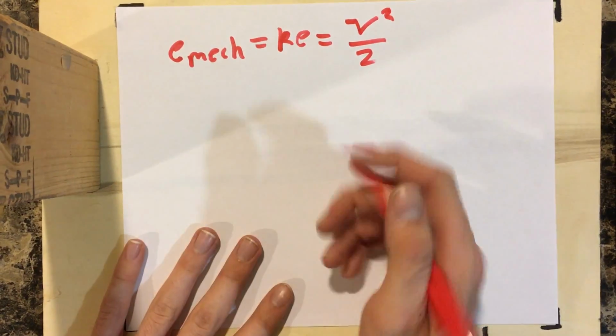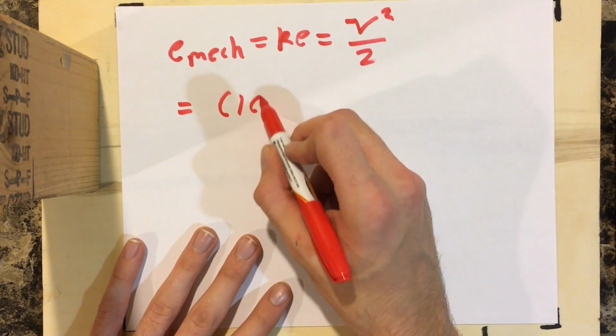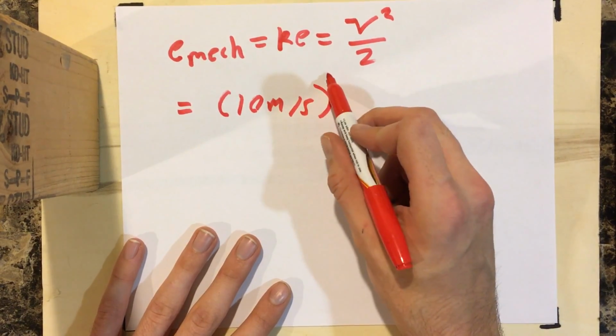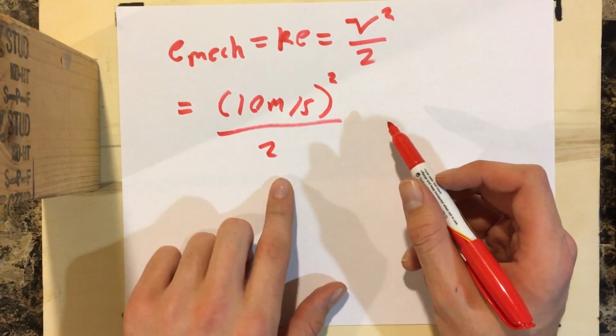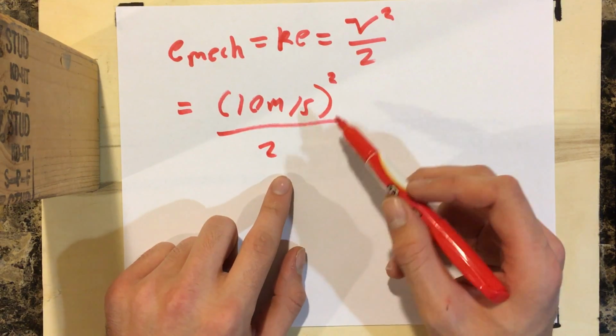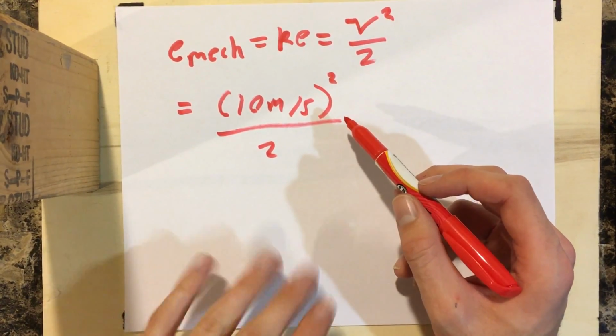Now we know that the wind is moving at 10 meters per second, so we can plug that in. That's all we have to plug in, actually. 10 meters per second squared over 2. Now, this will give us an answer in the form of meters squared per second squared.